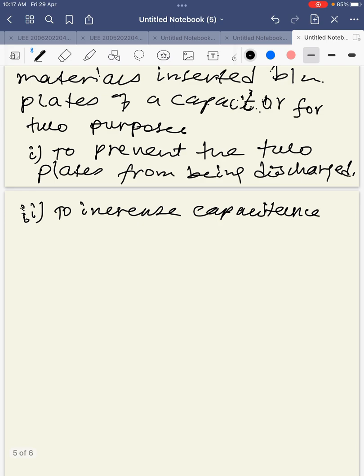How does a dielectric increase capacitance? Let's take 2 or 3 minutes to see how a dielectric increases capacitance in the capacitor. Let's draw the two plates. Assume these are the two plates.